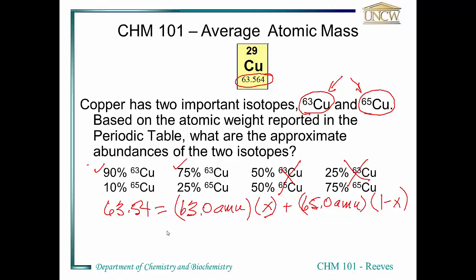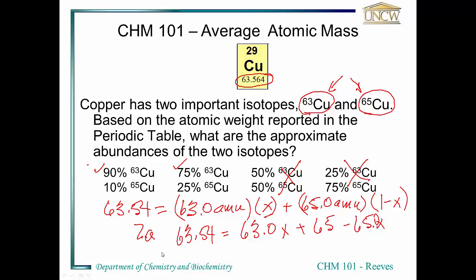Now, to solve this, what you need to do is combine terms. So what you're going to have is 63.54 equals 63.0x plus 65 minus 65x, leaving off the AMUs. Now, what you're going to want to do is rearrange this, bringing the 65.0 and the 63 to the same side.